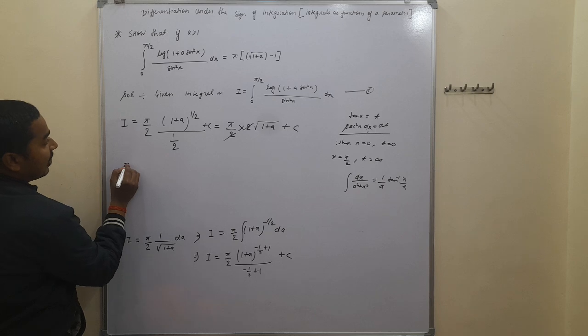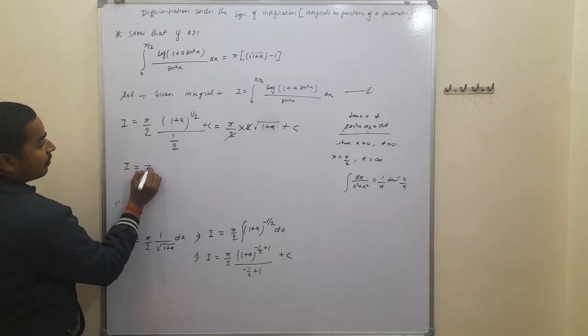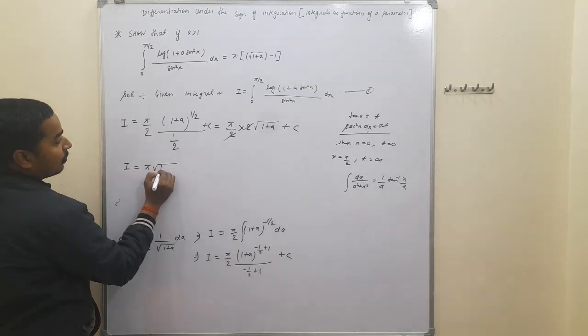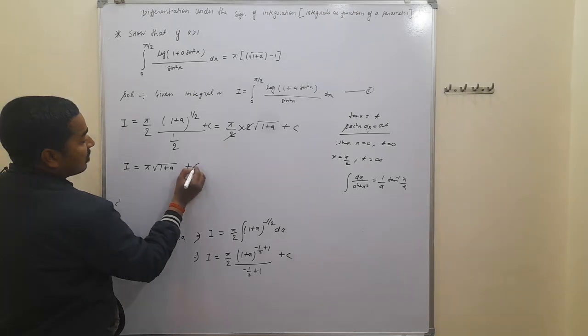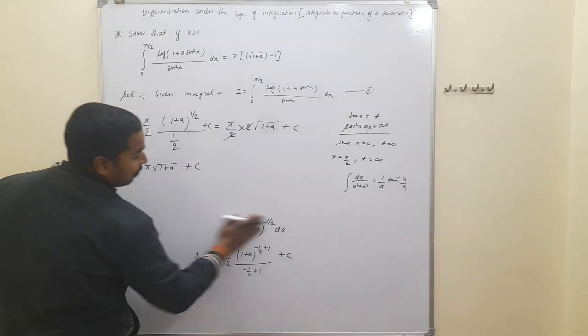This is given by I is equal to pi into under root of 1 plus a plus c.